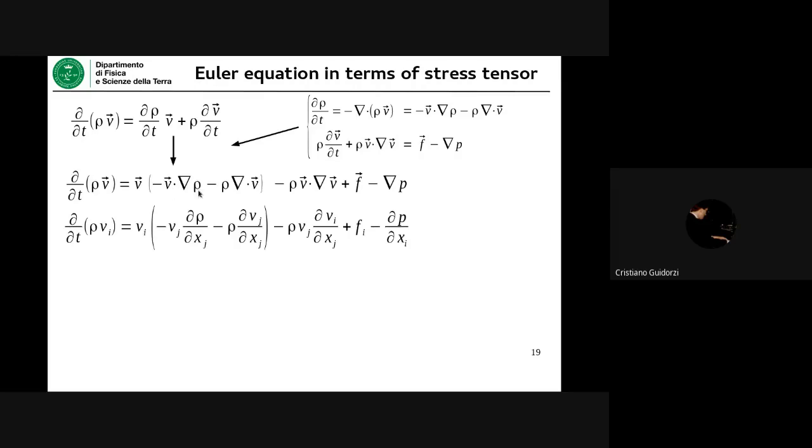Given that here there's a sum, we just write vj times the jth component of this, but this is a gradient, so the jth component is just the partial derivative of rho with respect to xj. And this is a sum, Einstein summation convention. So j is a mute index because it's summed up, while i is not summed up.